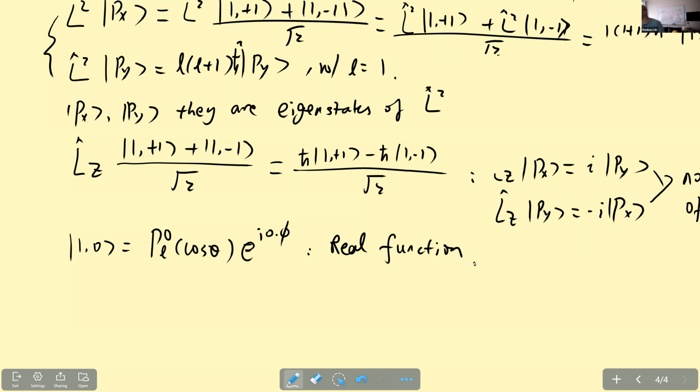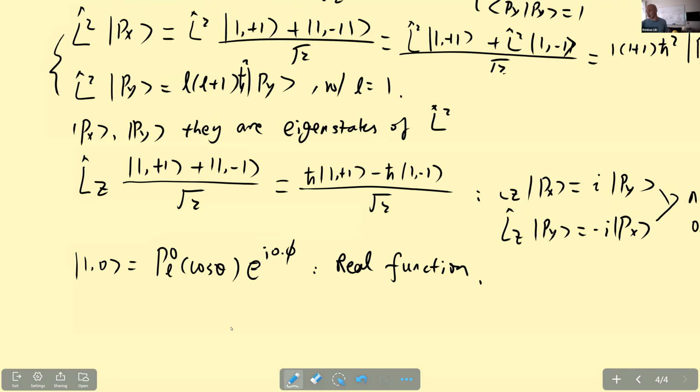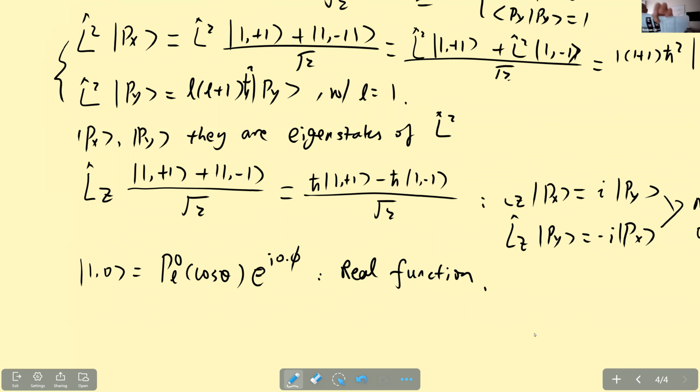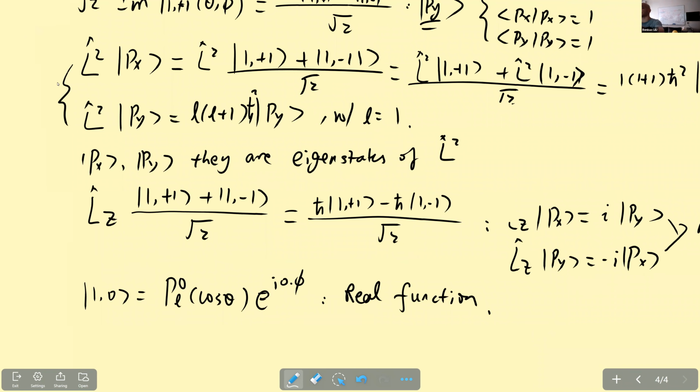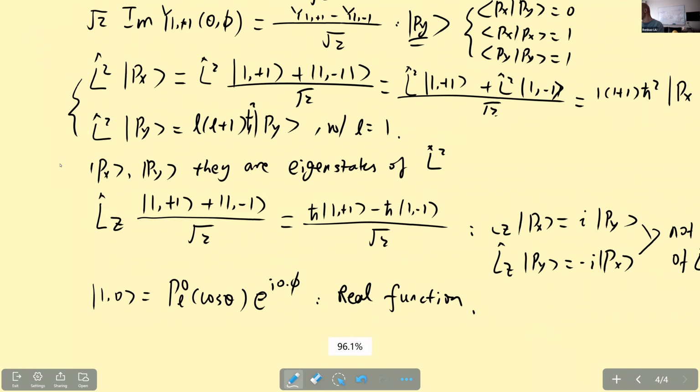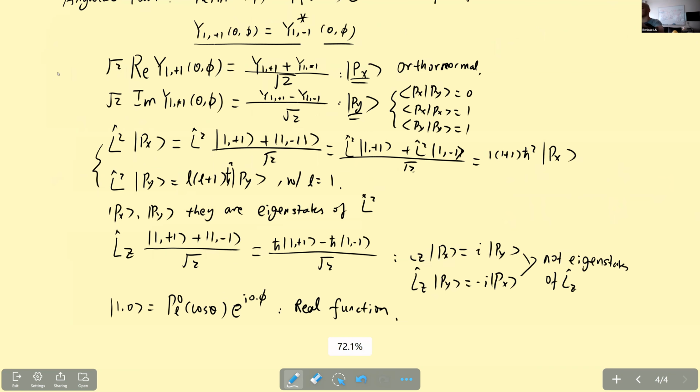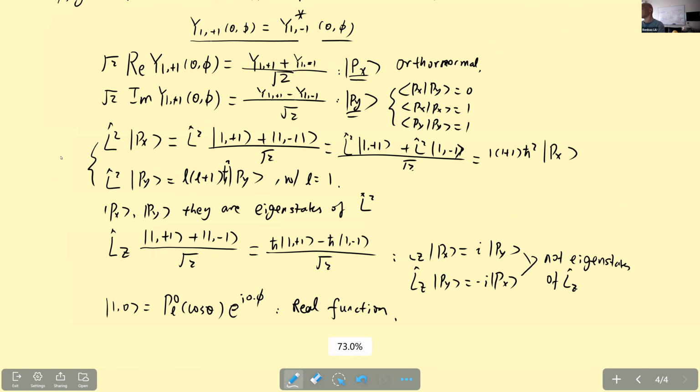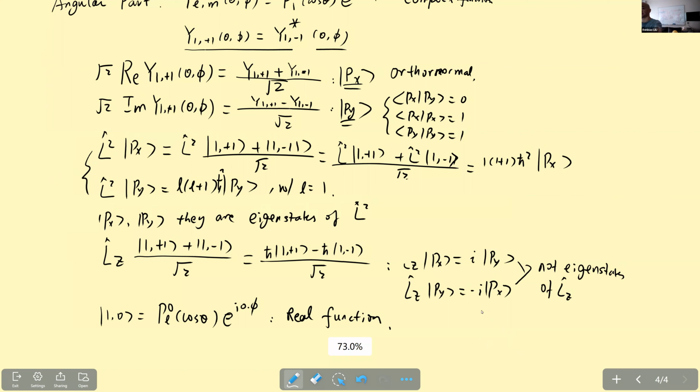That means we don't need to worry about this zero component. So now we have a way to form the real functions using the three components of the spherical harmonics. Let me summarize this.